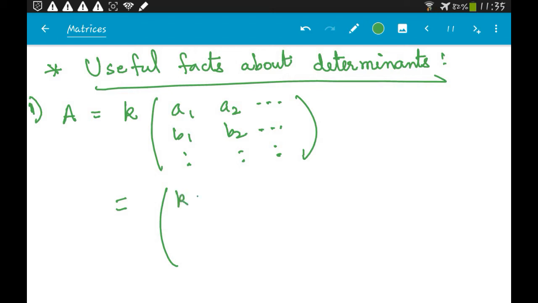So what you do is K A1, K A2 and so on, K B1, K B2 like that. So you keep multiplying with every element of the matrix.